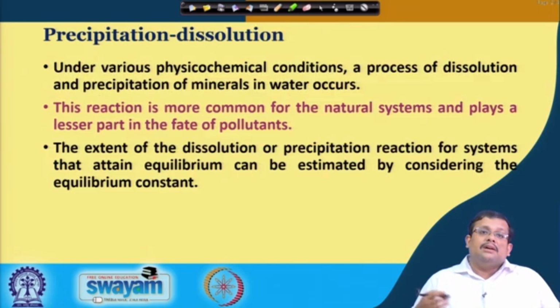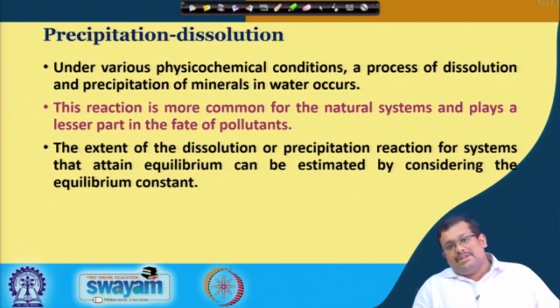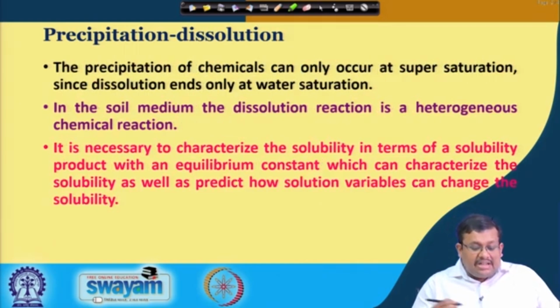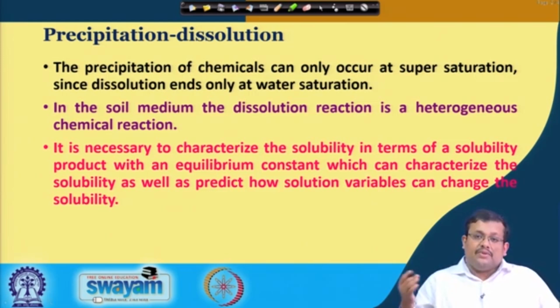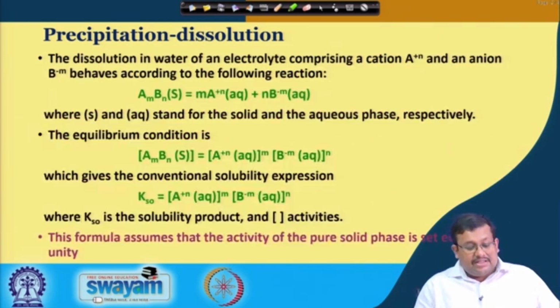Now, we have also discussed precipitation dissolution reactions, and we have seen different conditions of precipitation and dissolution. What is the condition of getting precipitation, what is supersaturation, what is undersaturation? We have discussed all these things.